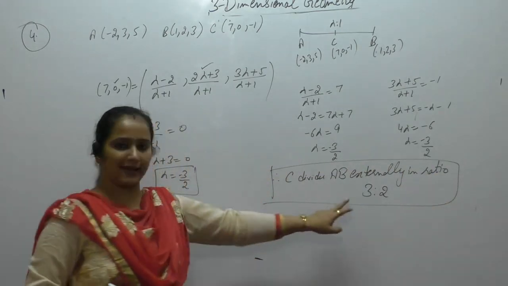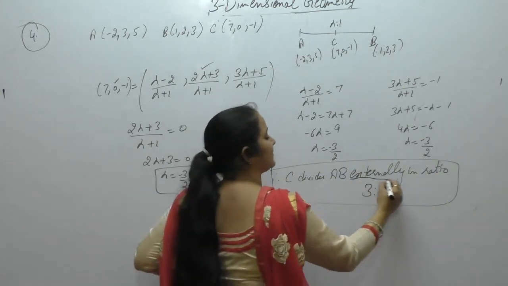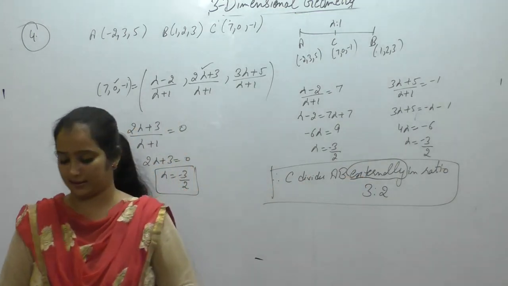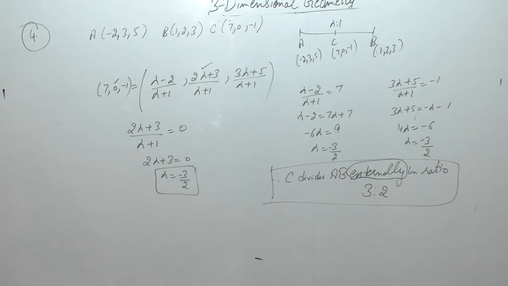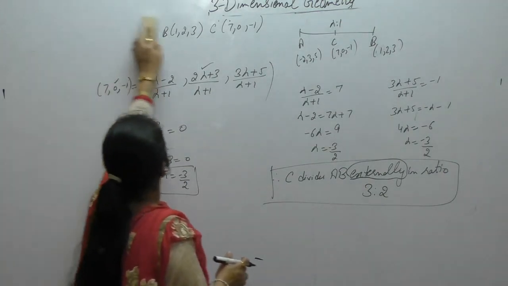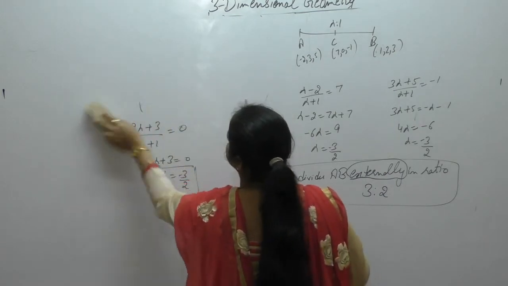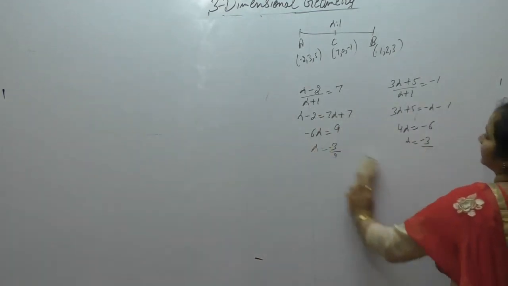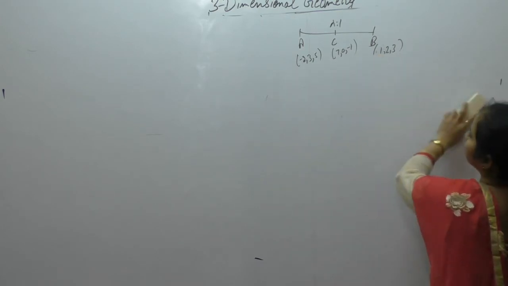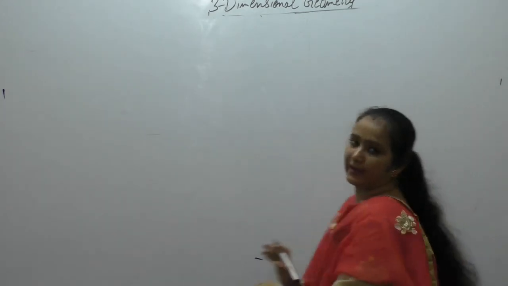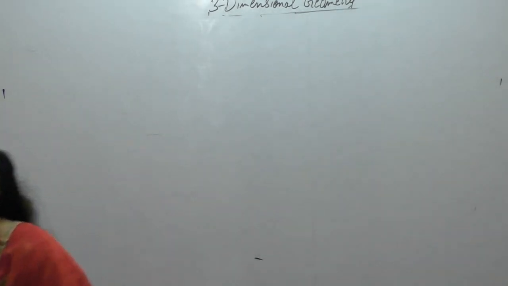Since lambda is negative, it is dividing the line AB externally. These are the basics of 3D. If we know these basics, then we can solve the equations of line and plane. So we should know about this.